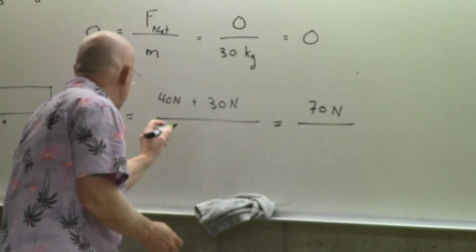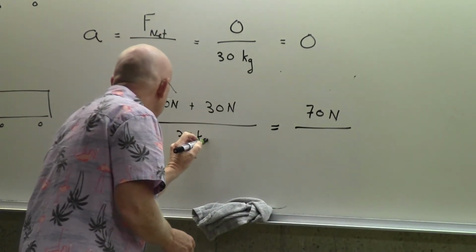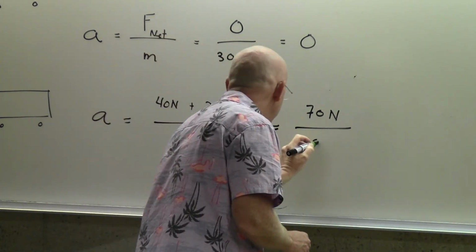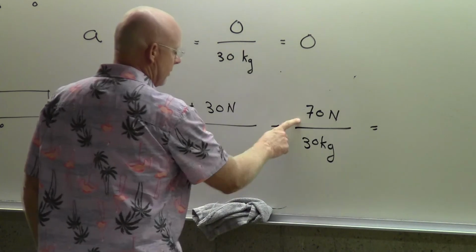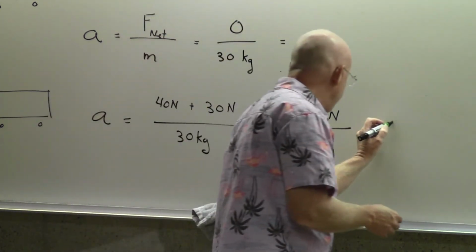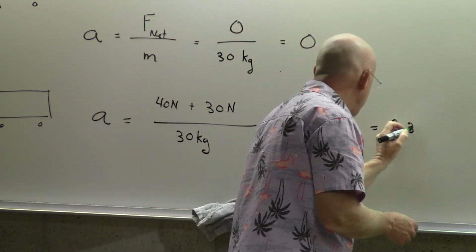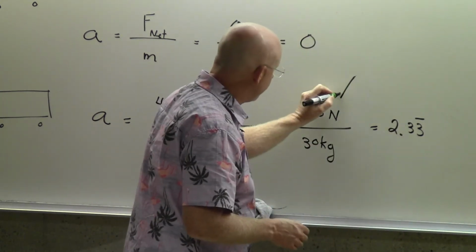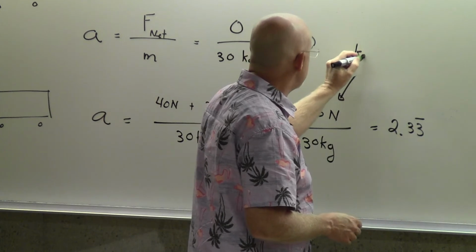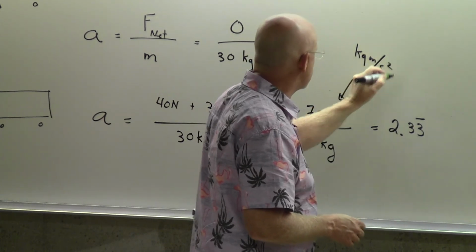So these two, me and my friend, are the equivalent of 70. Now, of course, let me also divide that by the 30 kilograms. Let's see, 3 goes into 7 2 times and then a third. So this would be 2.33 repeating forever. And remember from yesterday, a newton is a kilogram meter per second squared.